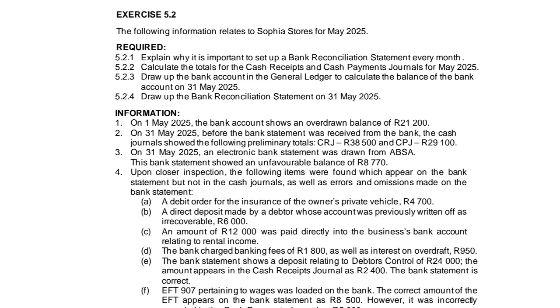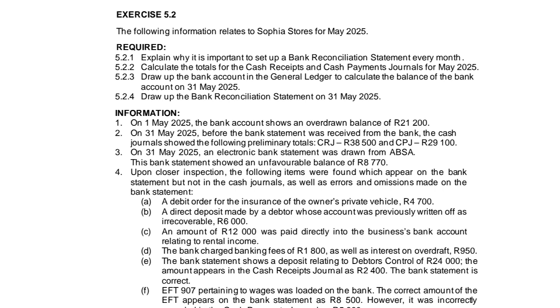Information 1. On 1 May 2025, the bank account shows an overdrawn balance of R21,200. 2. On 31 May 2025, before the bank statement was received from the bank, the cash journal showed the following preliminary totals: cash receipts journal R38,500 and cash payments journal R29,100. 3. On 31 May 2025, an electronic bank statement was drawn from ABSA.